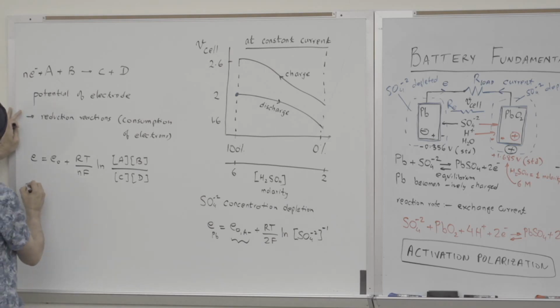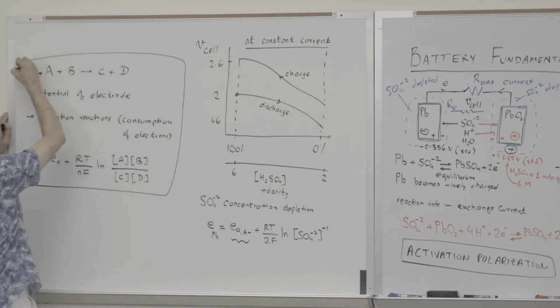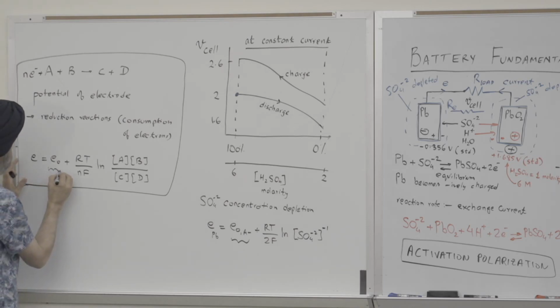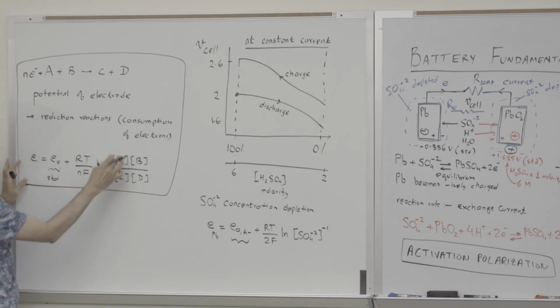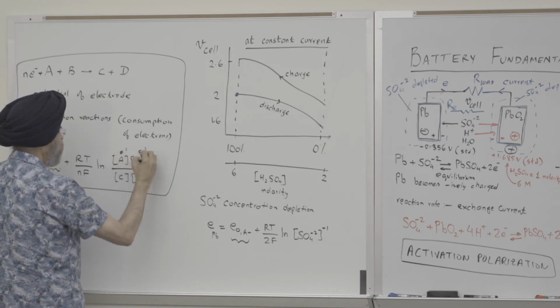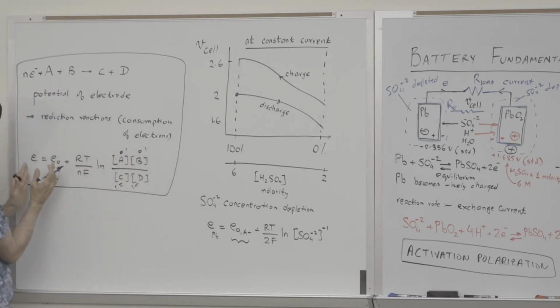We haven't proven this, so we're just assuming this, right? The electrode potential will depend on the potential under standard conditions. When the reactants and products all have activity equal to 1, then this term goes away and we're left with E naught, which is the potential under standard conditions.